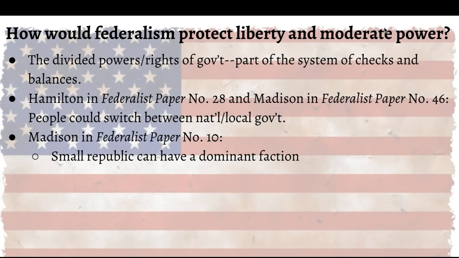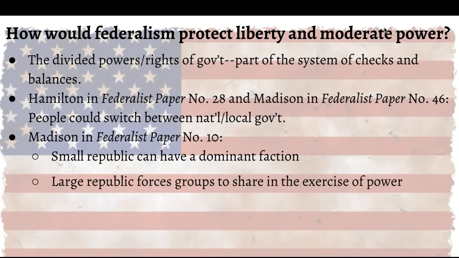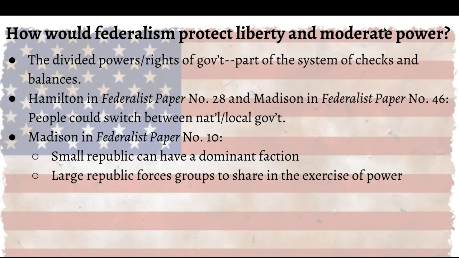He's going to say that a small republic can have dominant factions, right? And that a larger republic forces groups to share in the exercise of power. He elaborated that factions, or people pursuing their own political or economic ends, wrought damage to the nation, and that small republics were ill-equipped to deal with these individuals, and the power behind the large republic would be the answer to dealing with these types of groups.